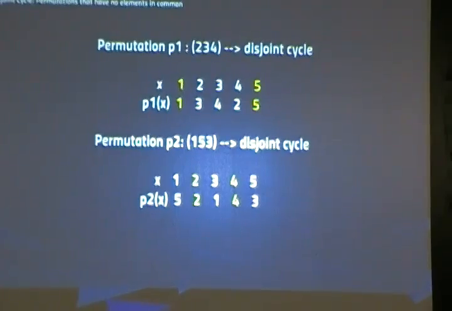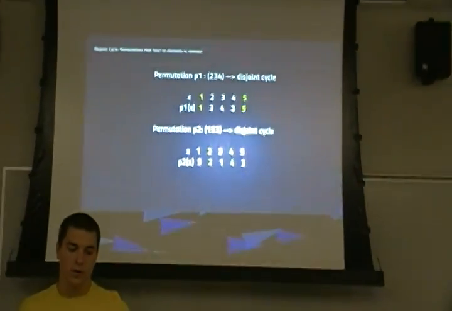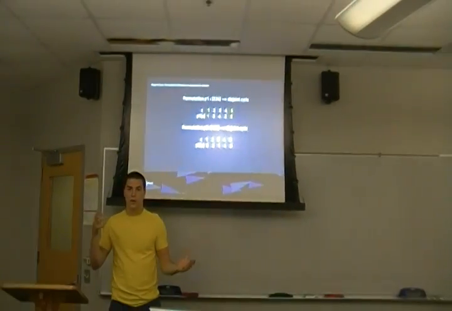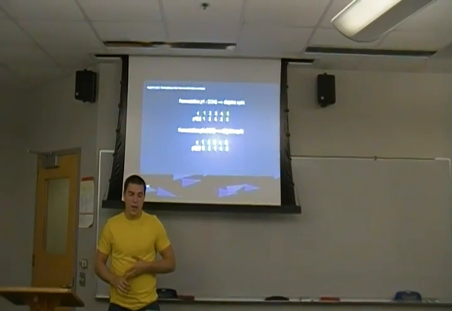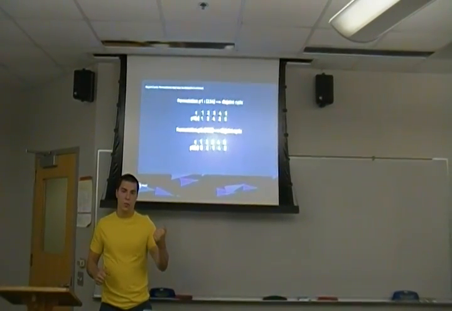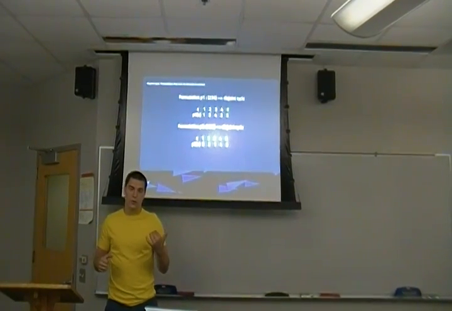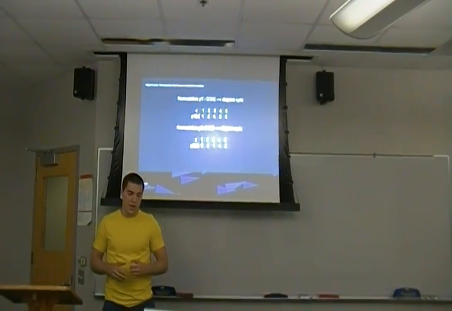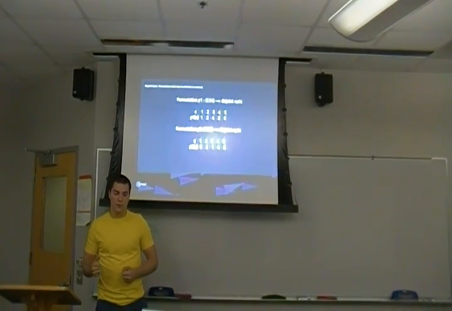These are called disjoint cycles because, as you can see in P1, 2, 3, and 4 don't share any elements with anything else in the set 1, 2, 3, 4, and 5. What I mean by that is there are fixed elements: 1 maps to 1 and 5 maps to 5, which makes the cycle (2 3 4) disjoint. The same goes for (1 5 3): 2 maps to 2 and 4 maps to 4.